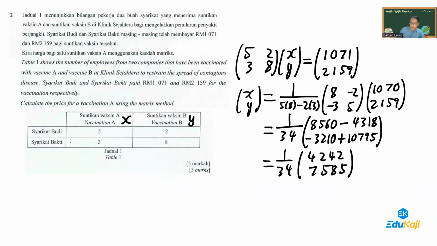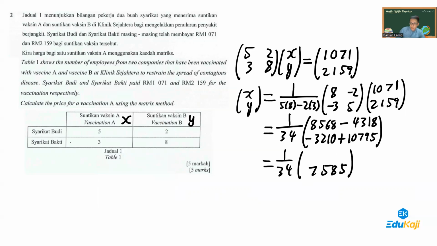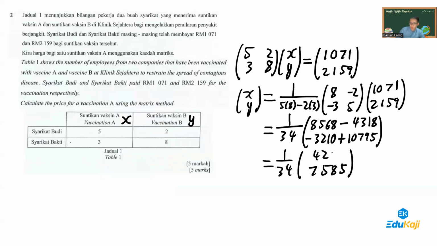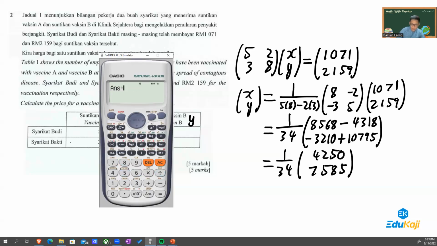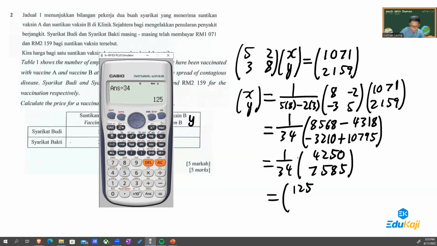Right, this is 1071. So 8568 minus 4318 is 4250. That's right. 4250 divided by 34, I get 125. 7585 divided by 34. Right, I calculated wrongly for the other one as well.